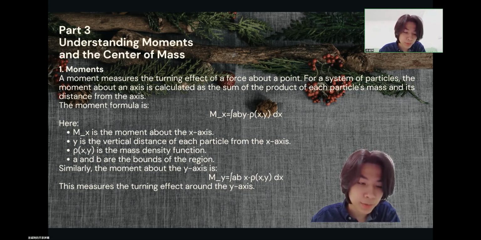The formula for the moment about the x-axis is the integral from a to b of y times the density function of x and y with respect to x.